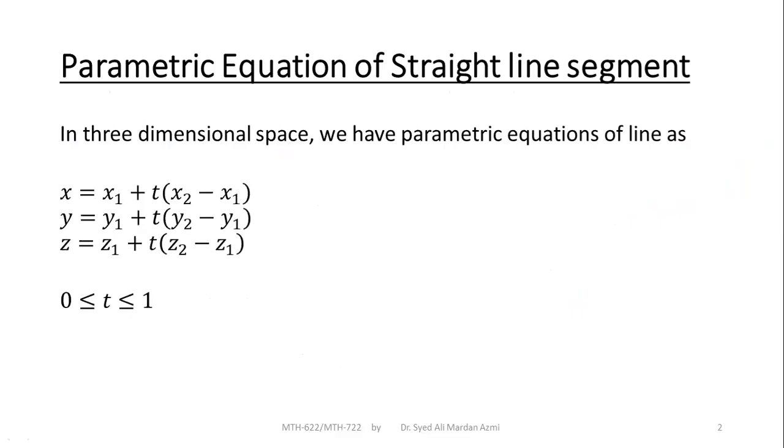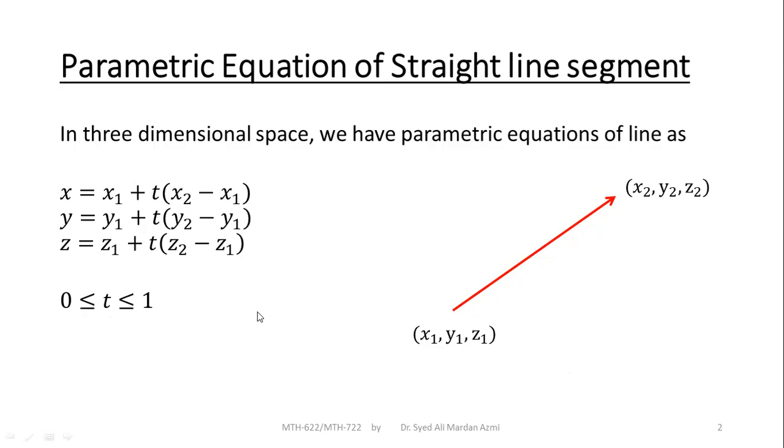Here it is: x equals x1 plus t times (x2 minus x1), y equals y1 plus t times (y2 minus y1), and z equals z1 plus t times (z2 minus z1), where x1, y1, z1 is the starting point and x2, y2, z2 is the ending point. Please note that whenever you have a straight line segment between two points, the value of parameter t always lies between 0 and 1.